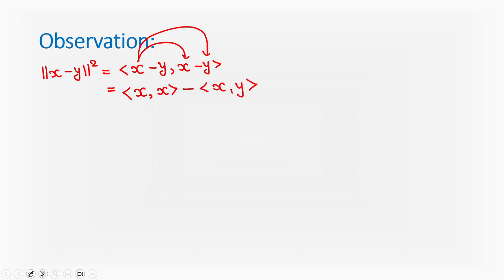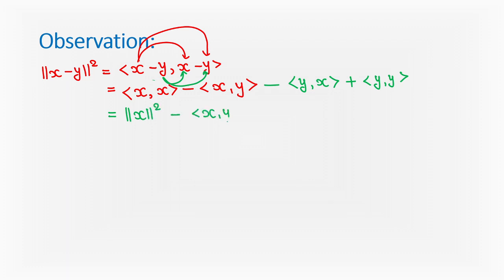Then what do I do? Then I distribute this y to everyone. So this y goes with this, and then y goes with y. That y goes with the minus sign. This is nothing but y with x, and that minus minus will become plus, in the inner product of y with y. So now we know the inner product of x with x is the same as the norm of x square, minus the inner product of x and y as it is.